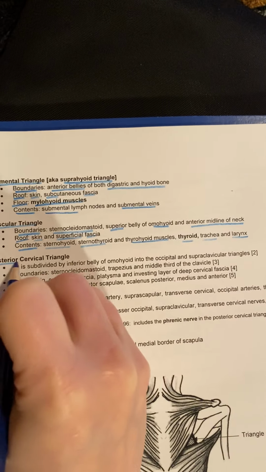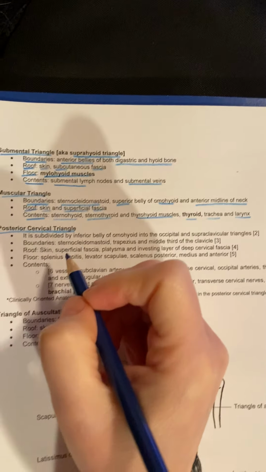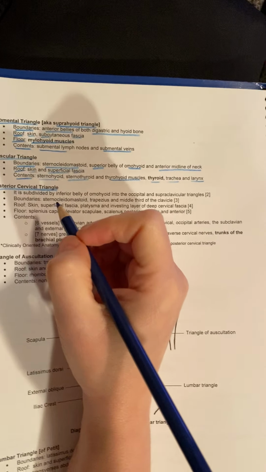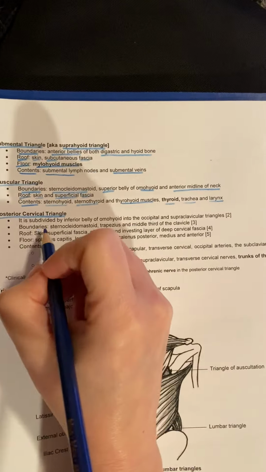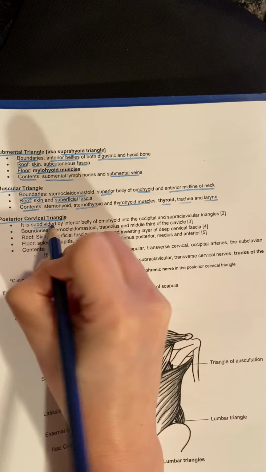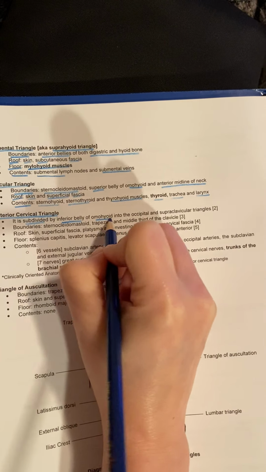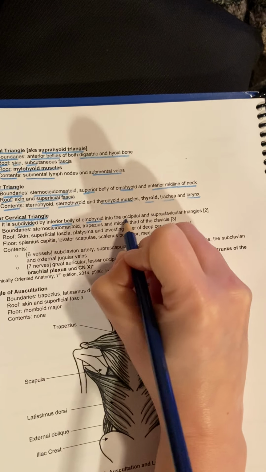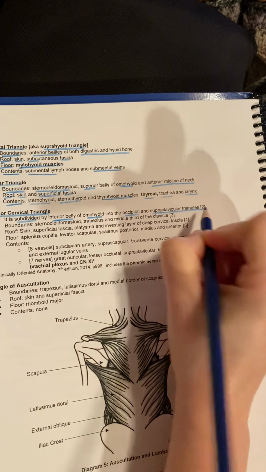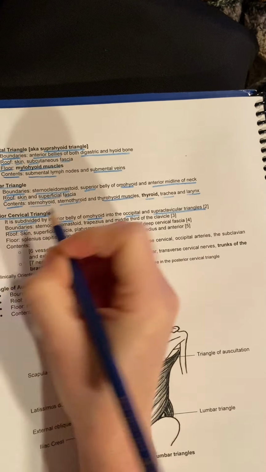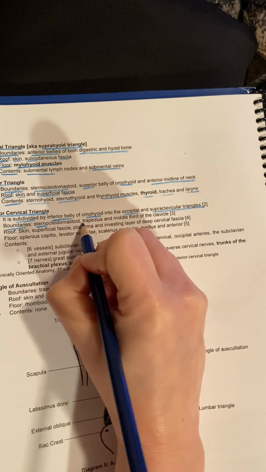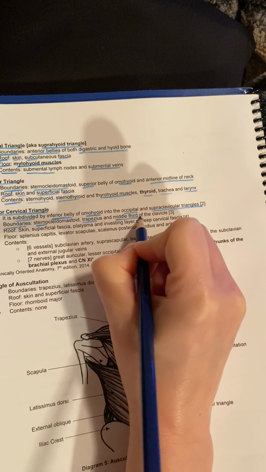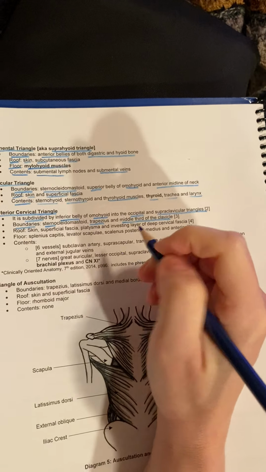All right, posterior cervical triangle. Make sure the camera is getting all the words in. The posterior cervical triangle is subdivided by the inferior belly of omohyoid into the occipital and supraclavicular triangles. The boundaries are SCM, trapezius, and the middle third of the clavicle.